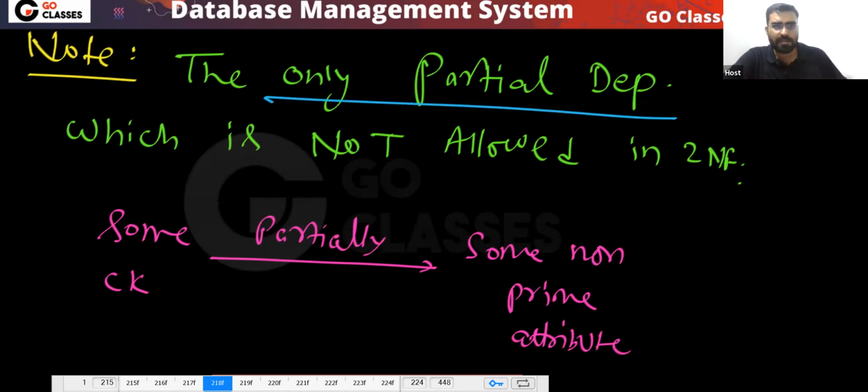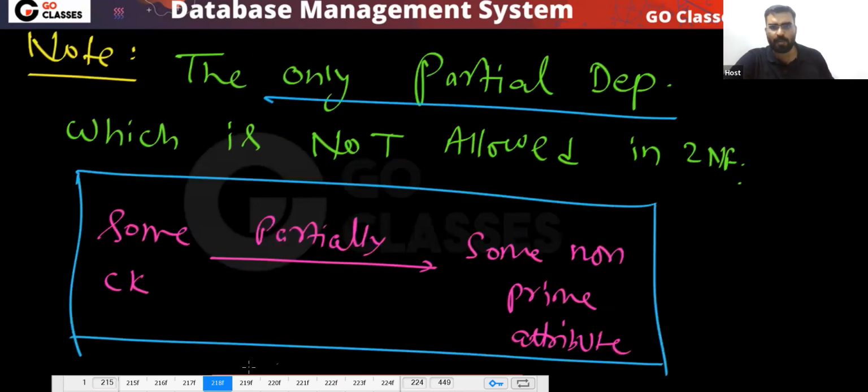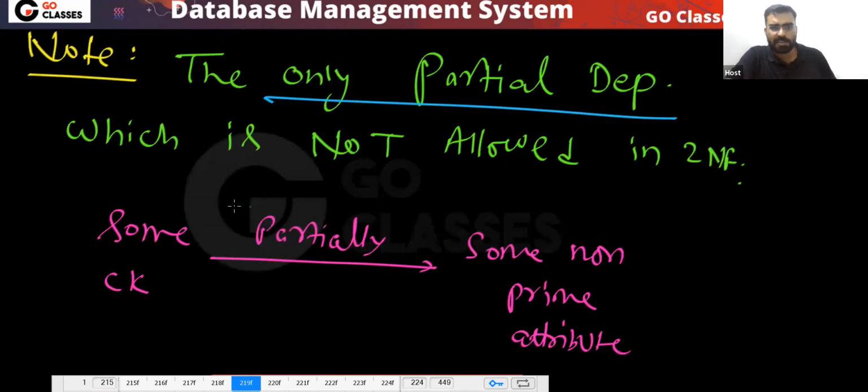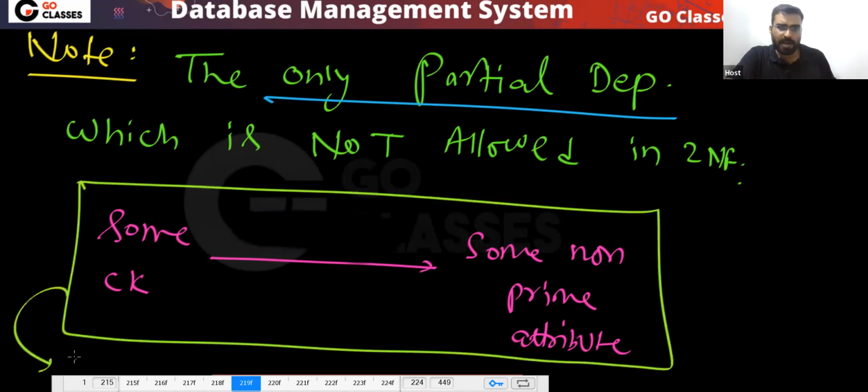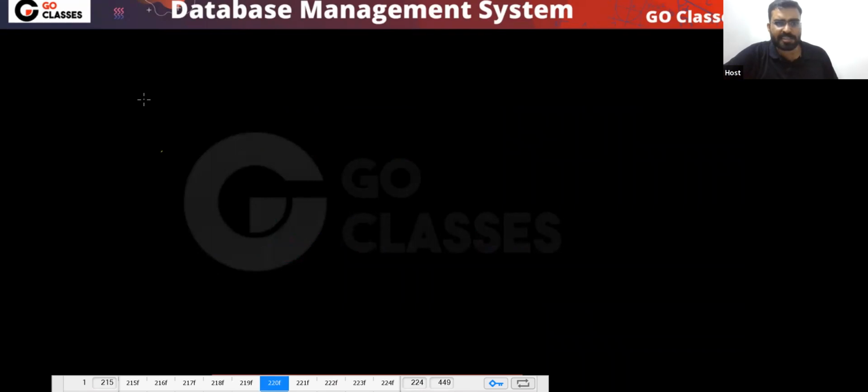Is this point clear? This partial dependency is the problem. So remember this: if this is partial, then there is a problem. But remember, the remaining types of partial dependencies are not a problem.